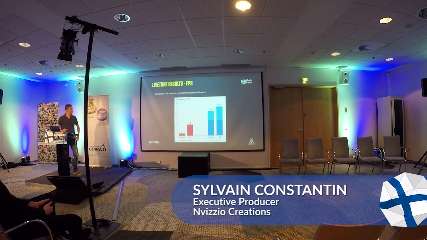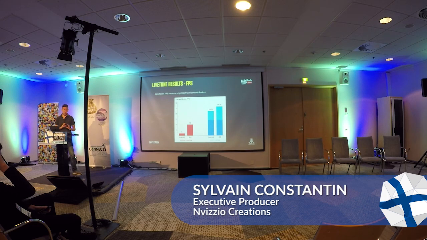So the results aggregated on a simple chart, you can see that we got a huge jump in frame rate. But it's not just about frame rate. It's also preventing the game from crashing, for instance, when the device is running out of memory. And as you can see here, it's mostly on Android because the market is so big, and we have a lot of users playing on Android in many different countries, sometimes on very old devices.